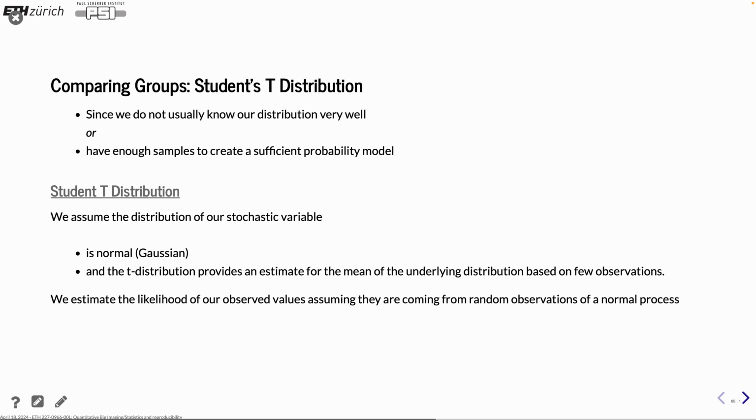But according to the law of large numbers, you can at some point always assume you have a Gaussian distribution. Now, with that, we assume we have our distribution of a stochastic variable, which is normal or Gaussian, and the t-distribution provides an estimate for the mean for a given number of observations if you have a low number. And from that, we can then make some likelihood based on our observations.